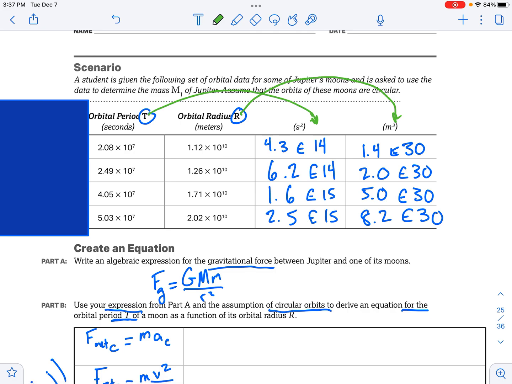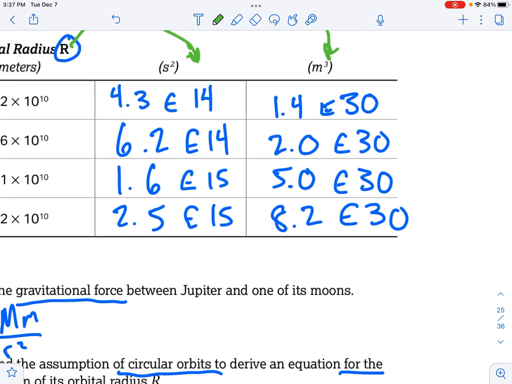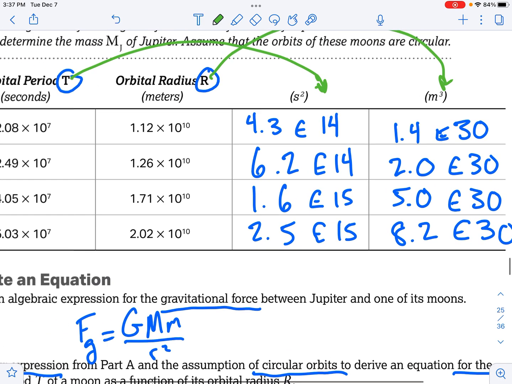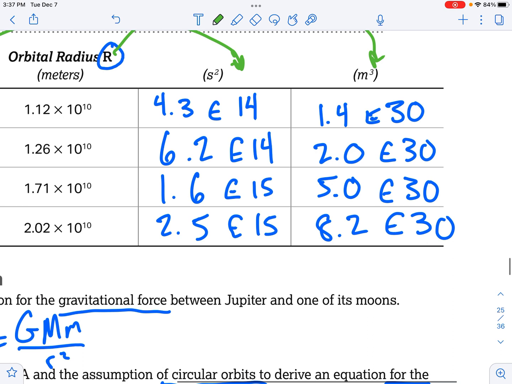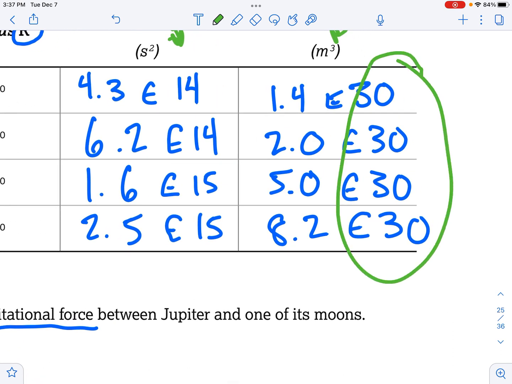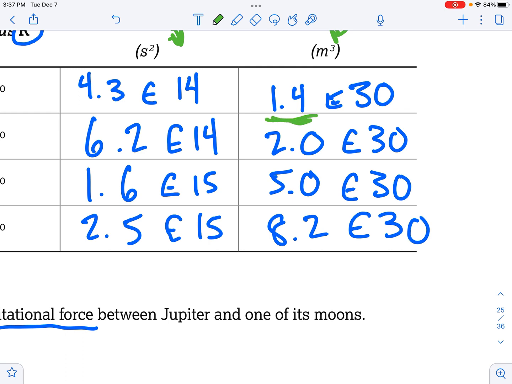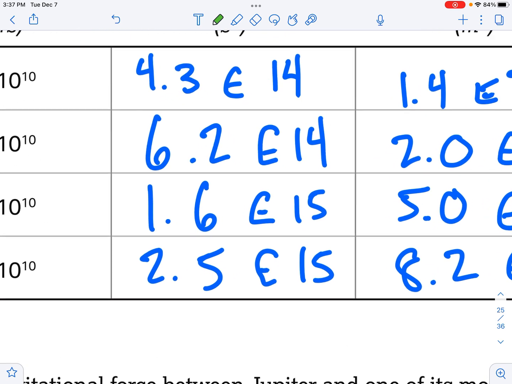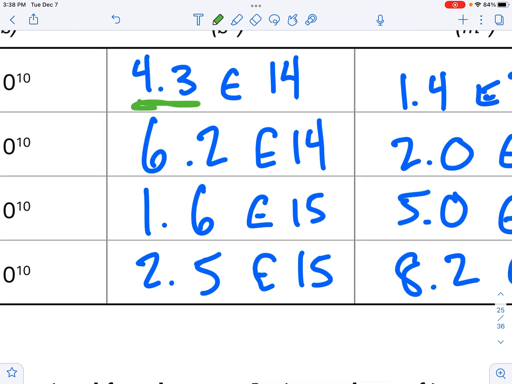Okay. Last thing I'm going to mention doing here is let's just try to make sense of this. I did period squared and I did radius cubed, and all my radius cubes came out with times 10 to the 30th. So it's easy for me to see that 1.4 is my smallest number and 8.2 is my biggest number. When I'm looking at the periods, though, it can be a little bit trickier, because we have 4.3, 2.5 times 10 to the 14th, times 10 to the 15th.